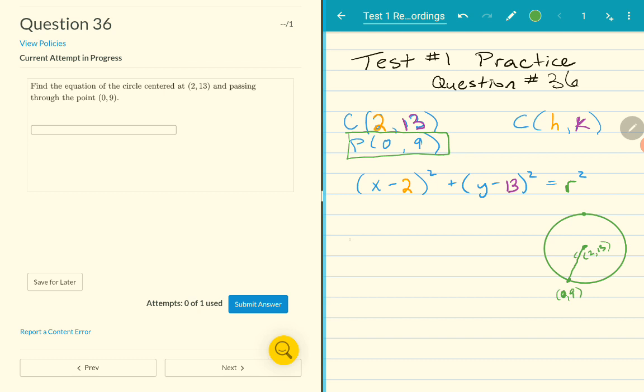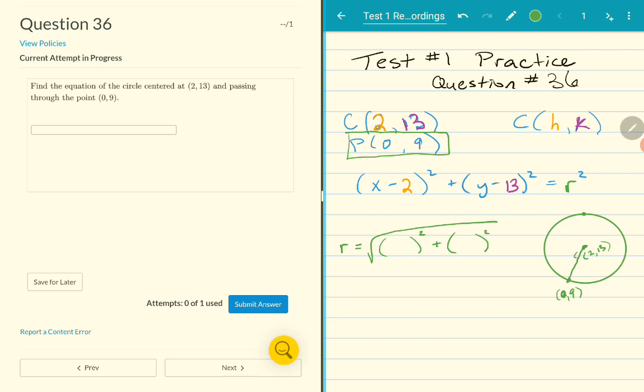So to find that distance, I use the distance formula. Distance r equals the square root of the distance between the x coordinates squared plus the distance between the y coordinates squared.